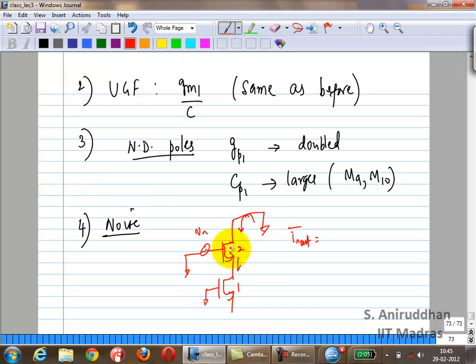You want to find the effective transconductance of this. This is obviously very large, so now you see why the noise is very small. This is approximately equal to Vn over RDS1, which is very, very small if RDS is large enough.